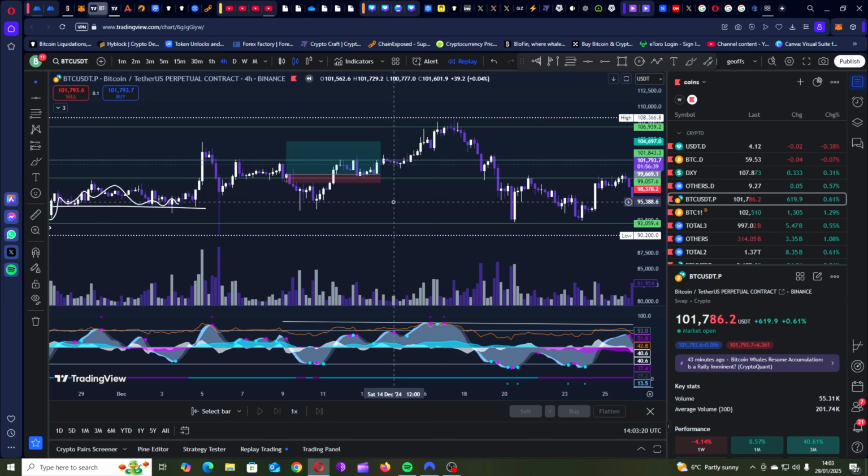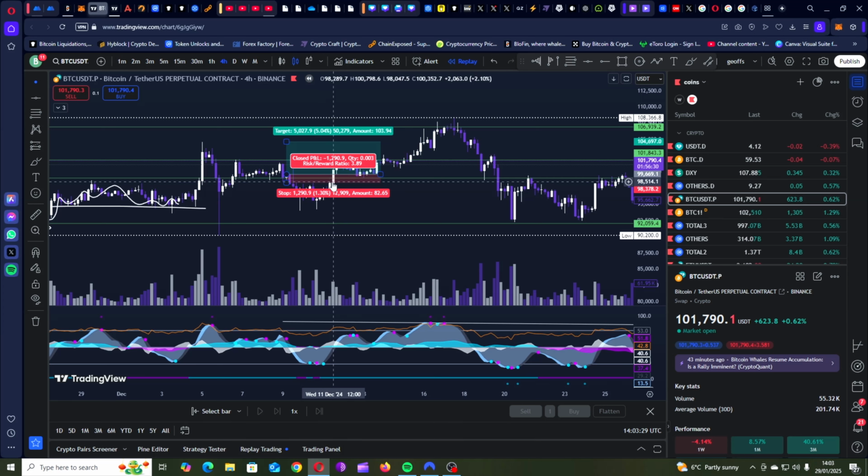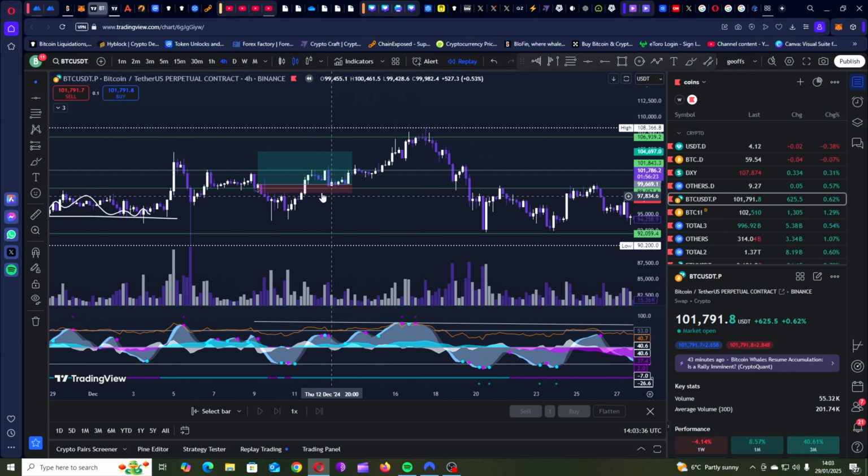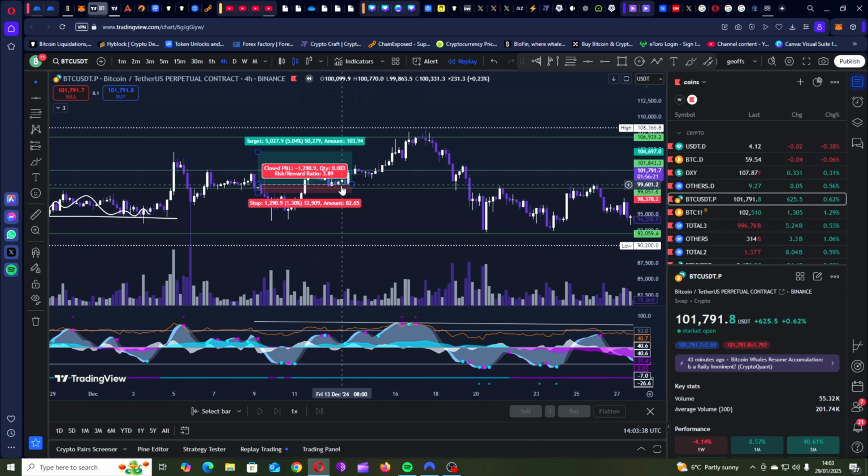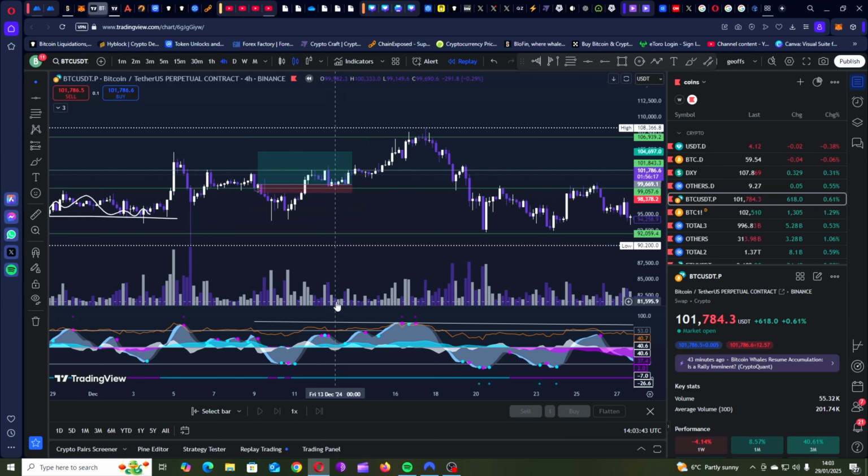And then, look what's happened here. It's come down, it's wicked them out, it's come back up, broke structure with high volume. It broke, it came down, it tested with low volume. Consolidated, high volume, pump, hit the next area of interest.